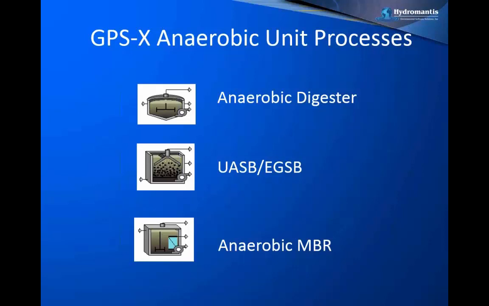One of the main features of the EGSB reactor is that we have a bed fluidization model, so you can track the bed height in EGSB reactors. The anaerobic MBR is different from the anaerobic digestion model with respect to having a solid-liquid separation component built into this particular reactor.